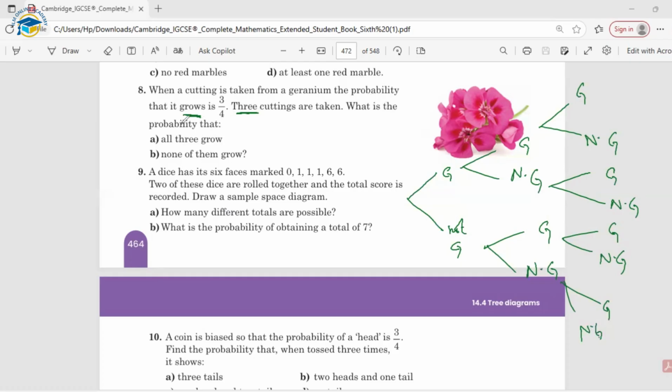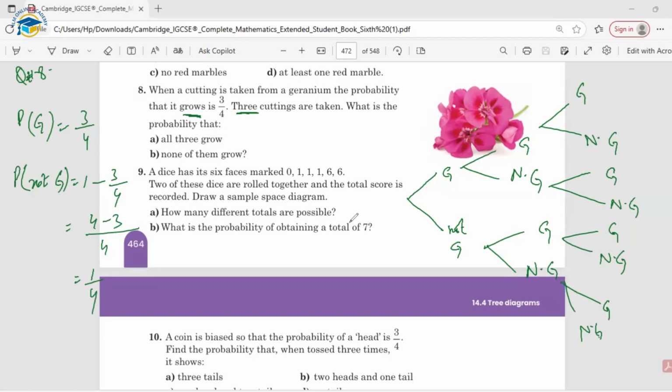Now they gave us the probability of growing. Question number 8. Probability that it grows is 3 by 4. And if you want to find the probability of it not growing, that will be 1 minus 3 over 4. From 1, we need to subtract 3 by 4. So let's subtract it and it will be 1 over 4. So accordingly, we will complete the tree diagram first of all.